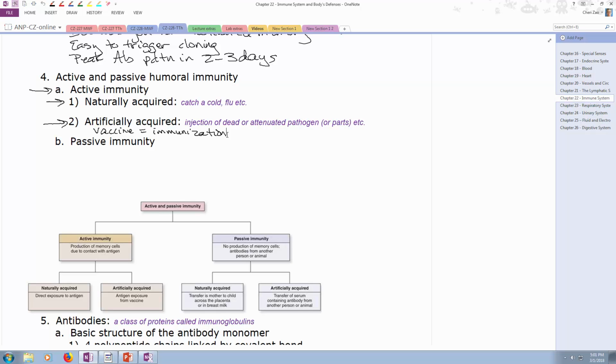So mom is always making antibodies, and when she's pregnant, she is always communicating with her fetus how? Via the placenta. And what's important is these antibodies can cross the placenta. So if mom is making antibodies, what does that tell you about the baby?